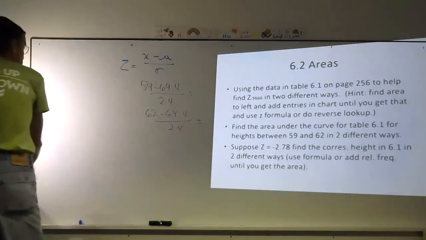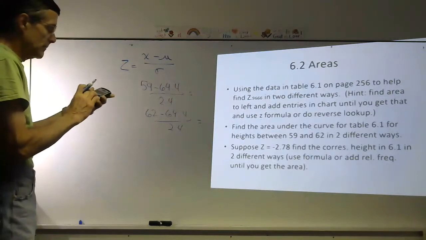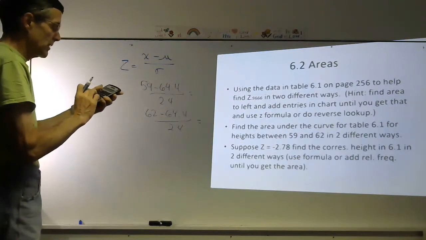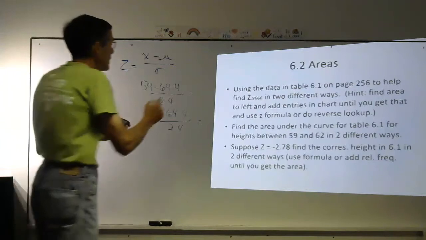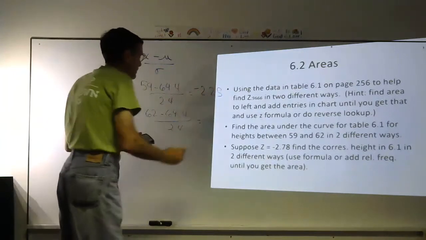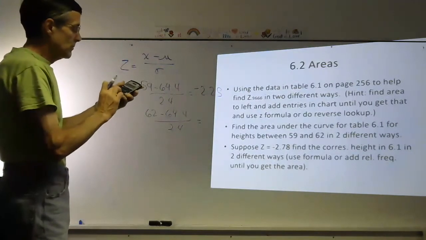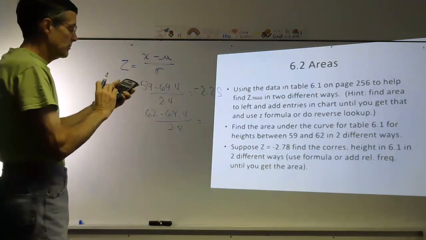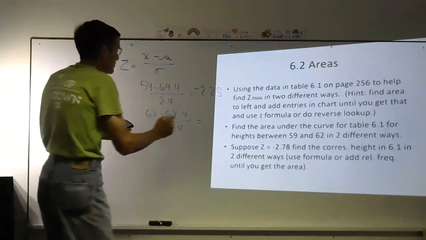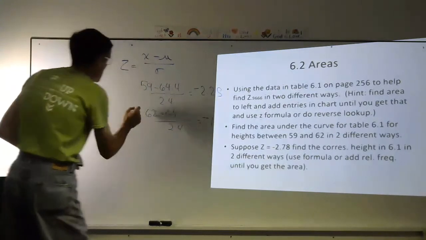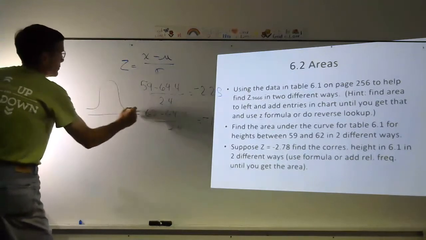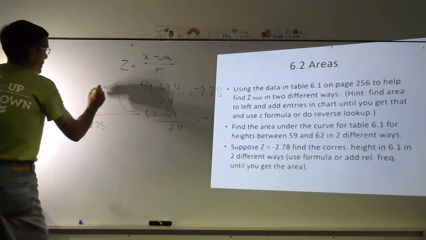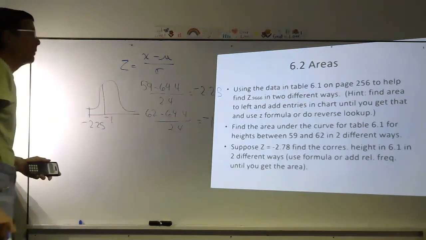So 59 minus 64.4, divided by 2.4, equals negative 2.25. 62 minus 64.4, divided by 2.4, is negative 1. So here we are at negative 2.25, and here we are at negative 1.